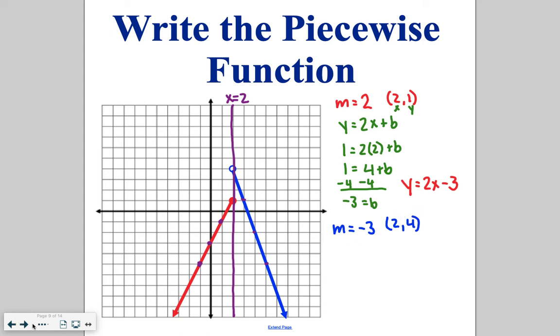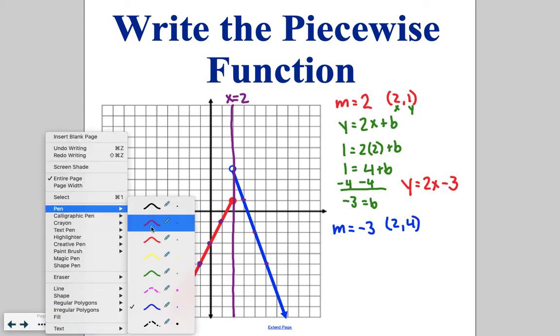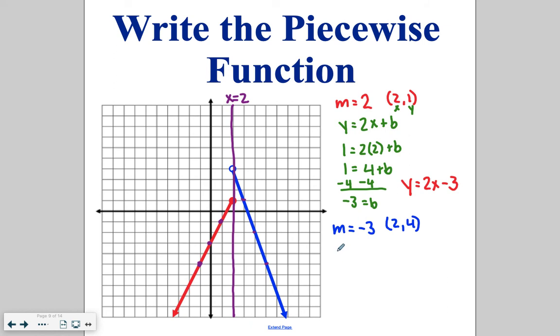The other way that you could have gone about solving for this equation is you could have used your point-slope form. So this being x1 and y1, you could have said y minus 4 is equal to your slope, so negative 3 times x minus 2. Use the distributive property on the right side, so you get y minus 4 is equal to negative 3x.